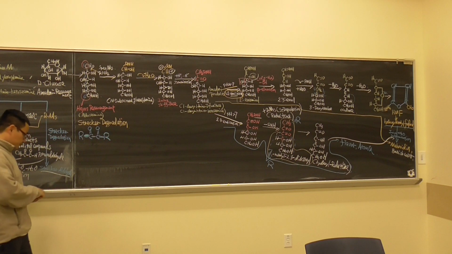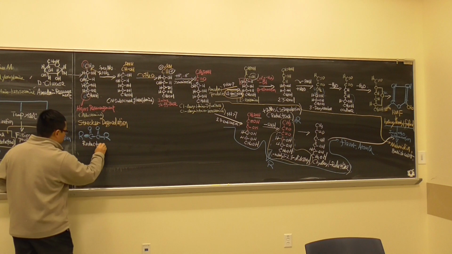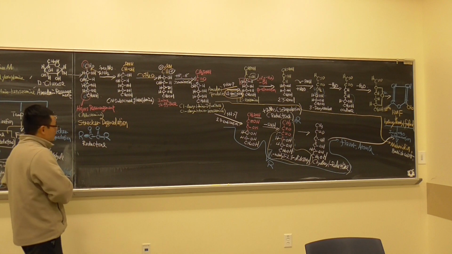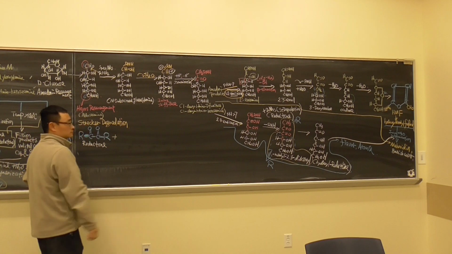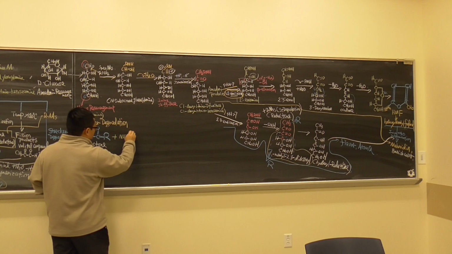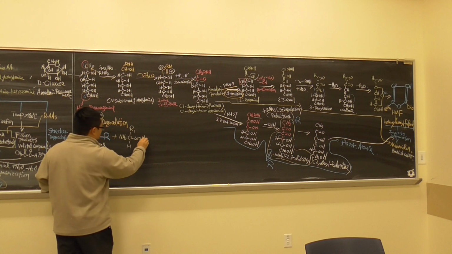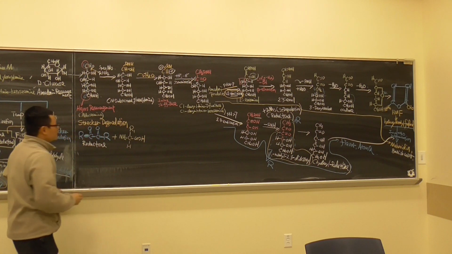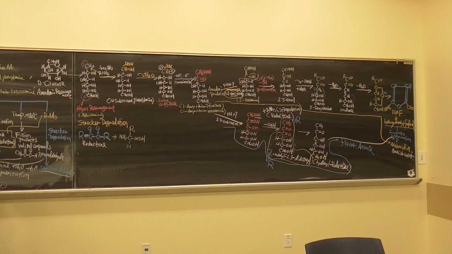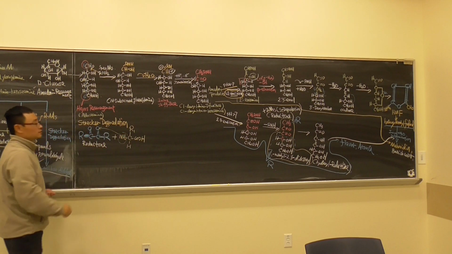This is a reductone. We need to react with the amino acids. Okay, what do amino acids look like? O1, let's say, H. How do they react? This amino group will be working with this, attacking here.